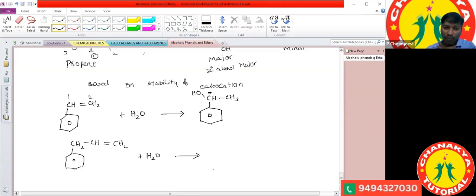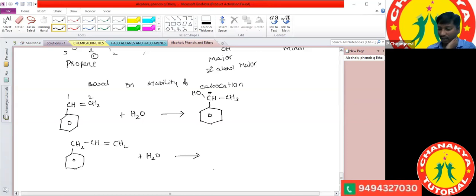Now the given reaction also follows the Markovnikov rule only, because it is an unsymmetrical alkene, not a symmetrical alkene. This type of question we already saw in the preparation of haloalkanes.